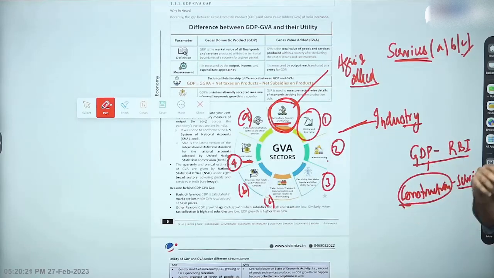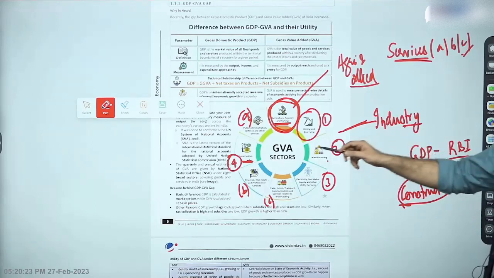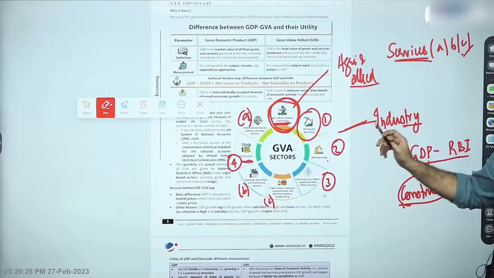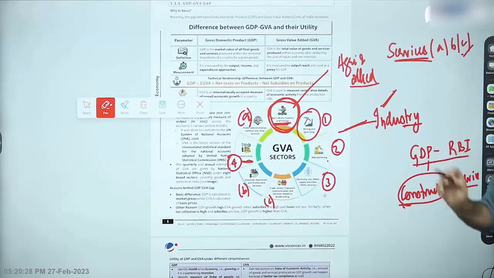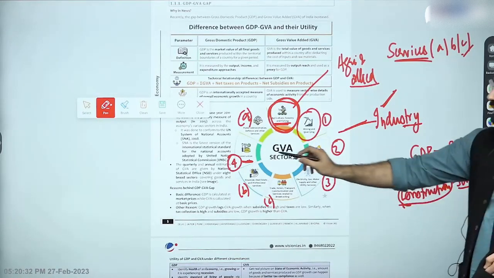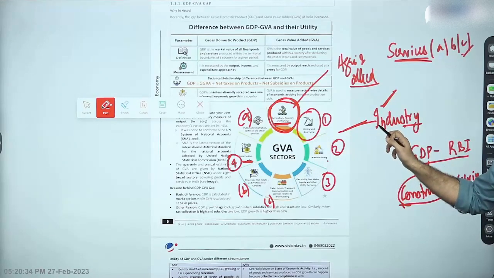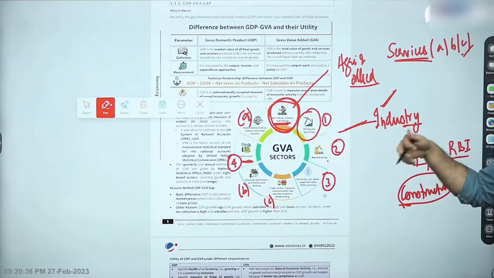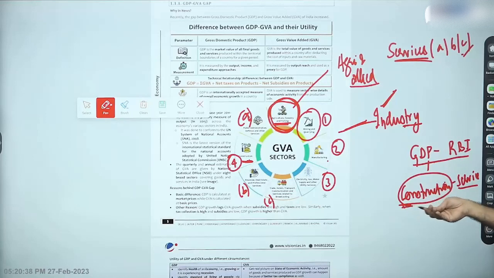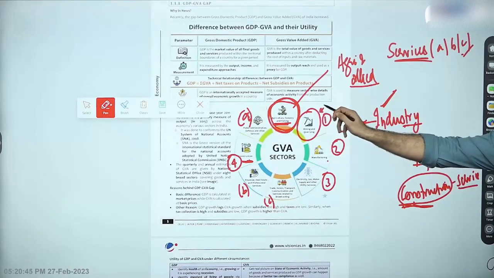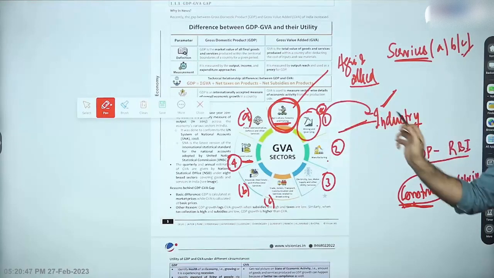Now if the question comes in the paper, construction is part of what sector, we are going to use the government estimates. The budget and the economic survey mention construction under industry. So we are using the government estimates. If by chance there's a question on RBI, RBI uses construction under services. Also mining and quarrying, though it is a primary sector, is included under industry.